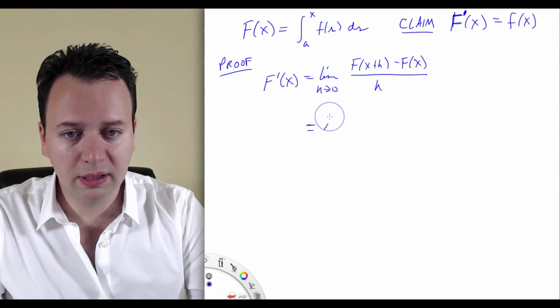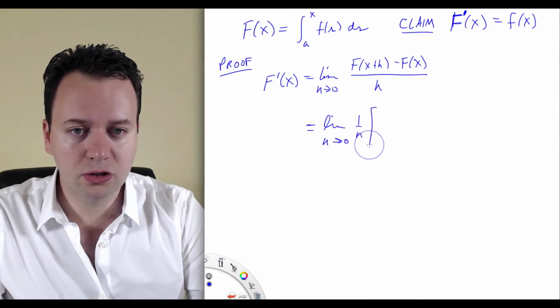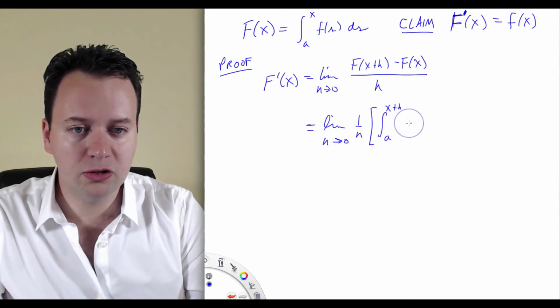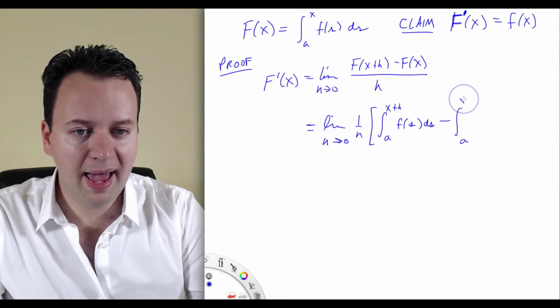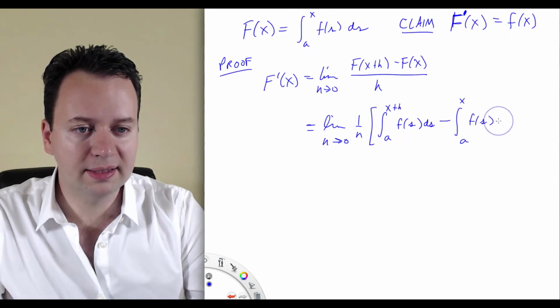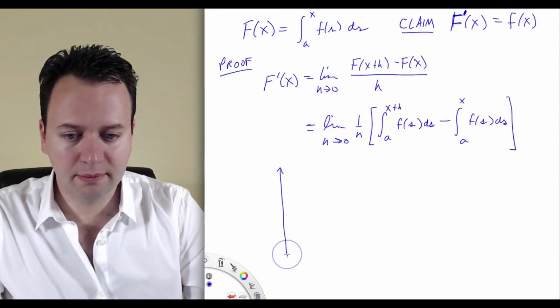Well, this is just the limit as h goes to 0 of 1 over h times the integral from a to x plus h of f of s ds, and then minus the integral from a to x of f of s ds, right? So let's look at the graph.